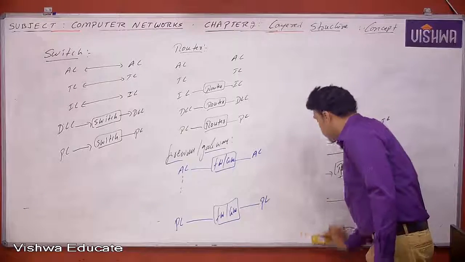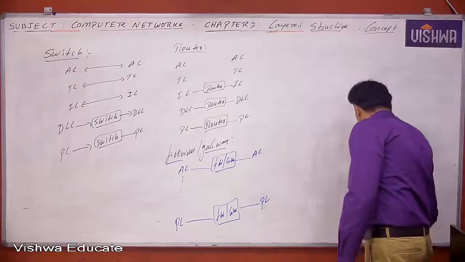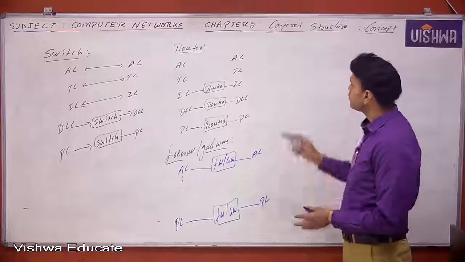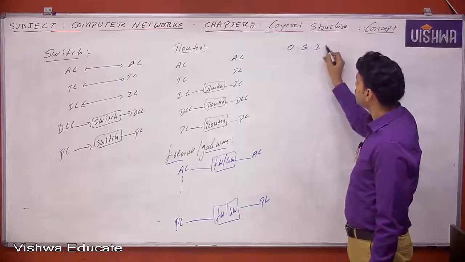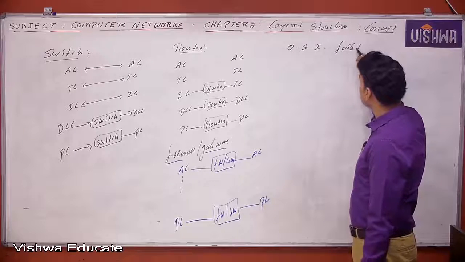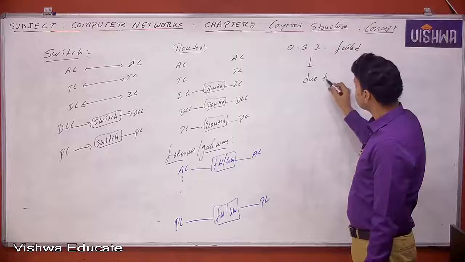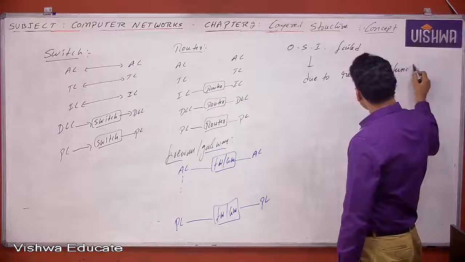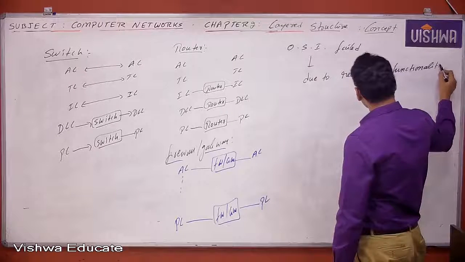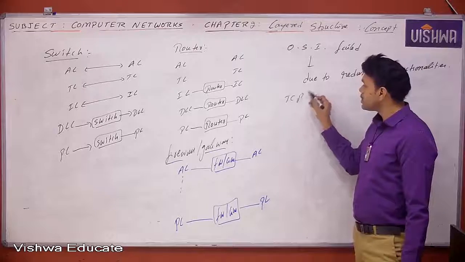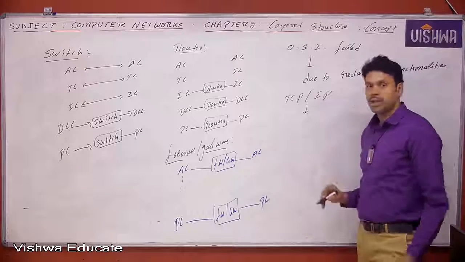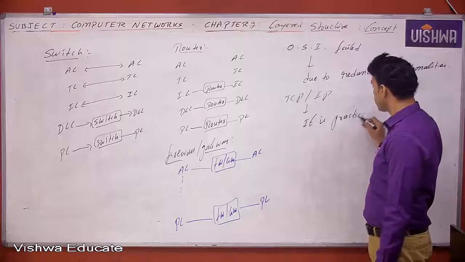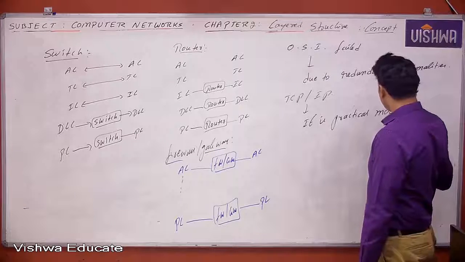So now we will look into why OSI is outdated. Why did OSI fail? Due to redundant functionalities. That's why TCP/IP is implemented. It's a practical model, given by IEEE.